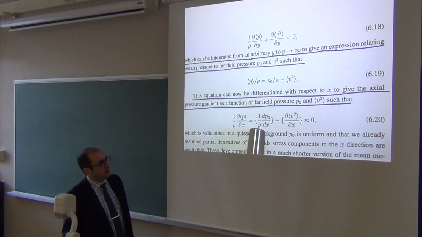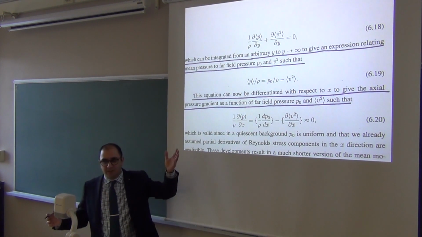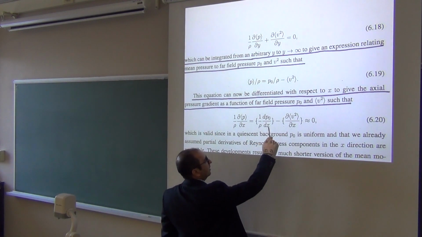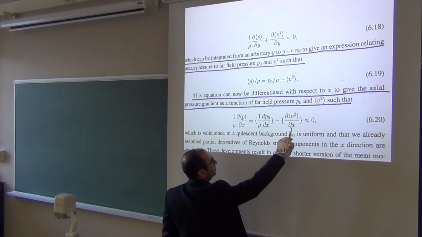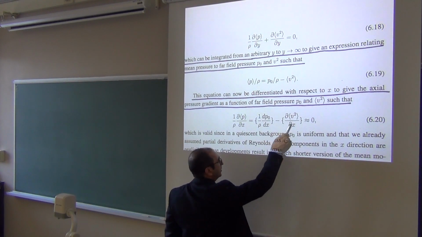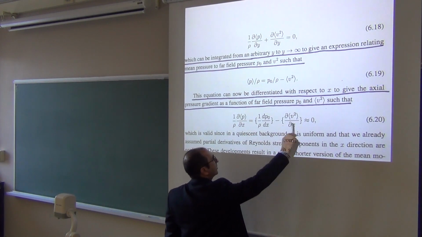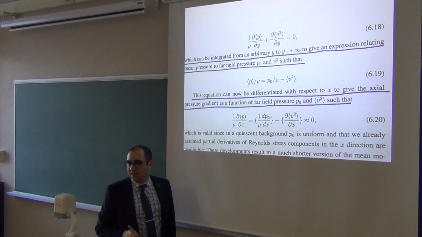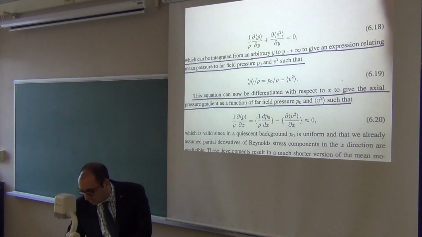That was the pressure in the quiescent fluid. All around the fluid, it's the same number. It's not going to vary. So that term must be 0. Also, remember what I said: components of Reynolds stress do not vary in the x direction. So both terms are 0. So it looks like pressure itself must not vary in the x direction. The gradient must be 0. It's a very profound result.